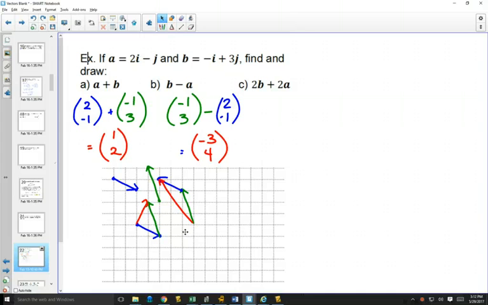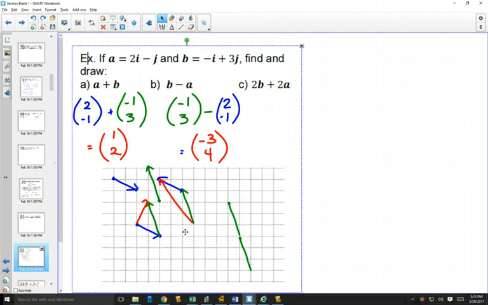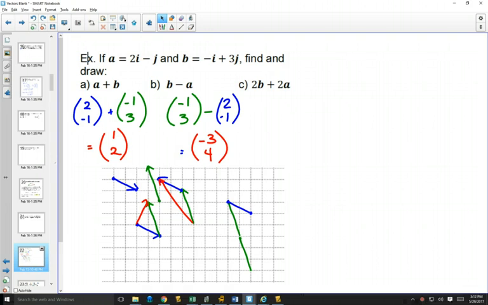And finally, for the last one, we want 2 b's plus 2 a's. I'm going to start down here, a little bit over. So 2 b's would be this way, and 2 a's would be this way.